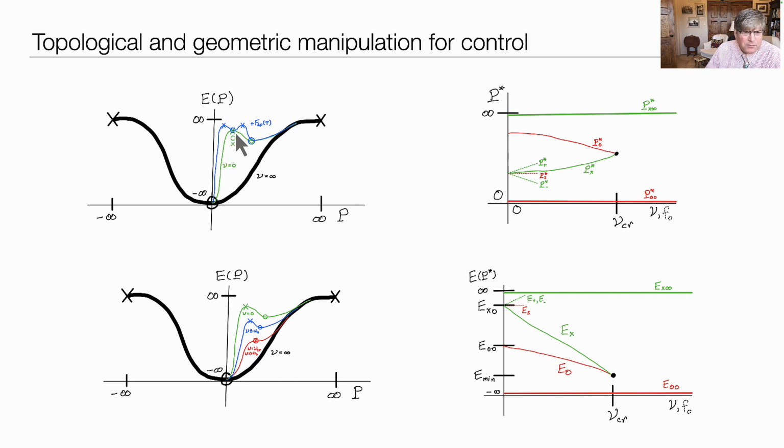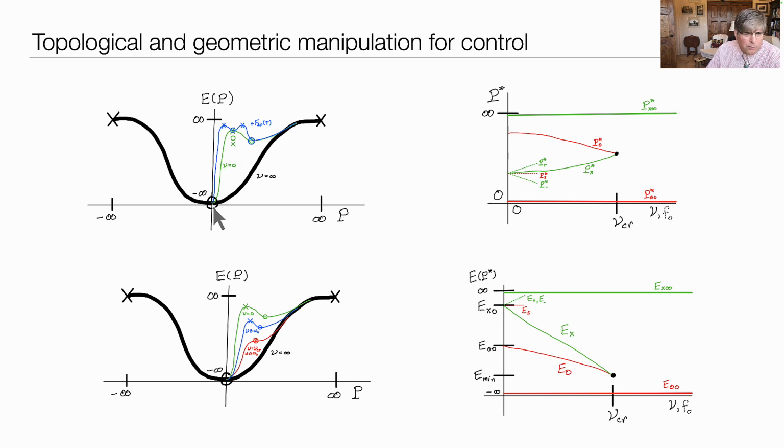I climb up to this X point, which is on the separatrix that is going from the basin of the guiding center atoms to the basin of the drifting pairs. Here's the O point at the center of the basin of the drifting pairs that then goes up to the X point at infinity.